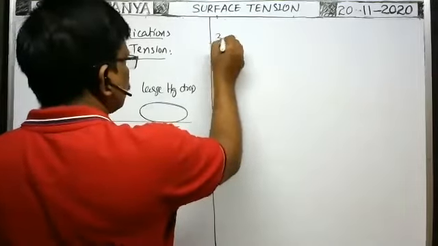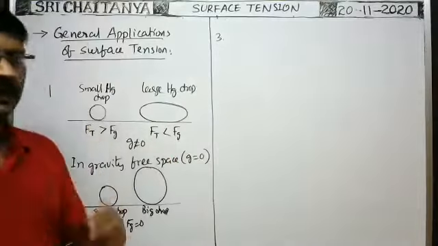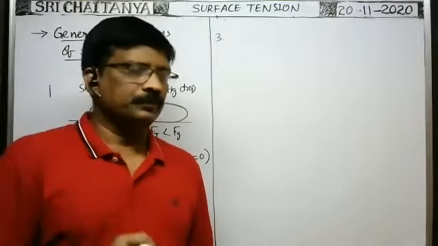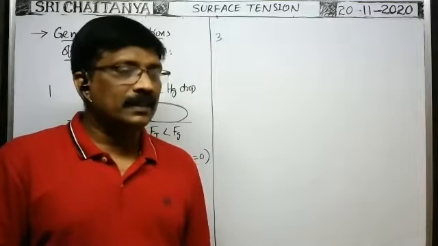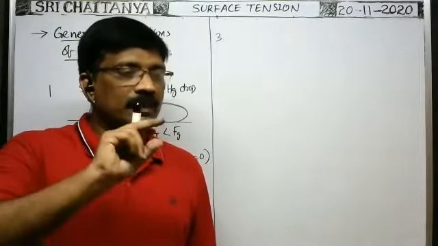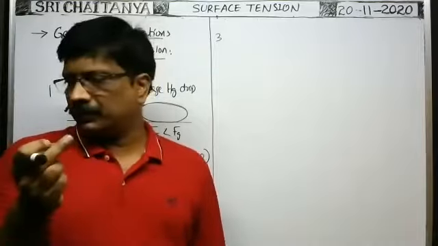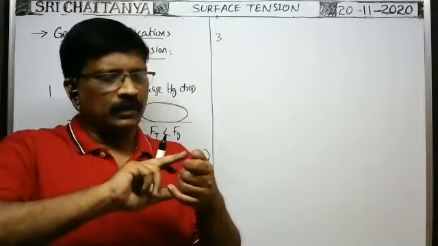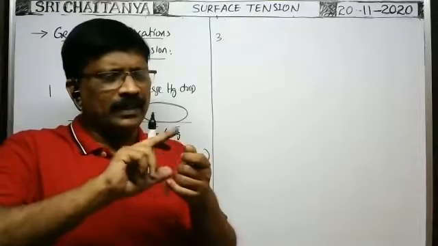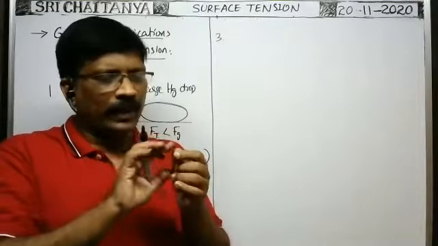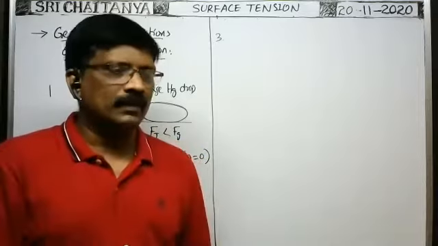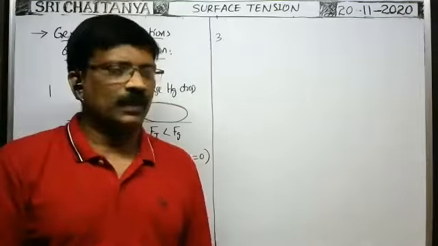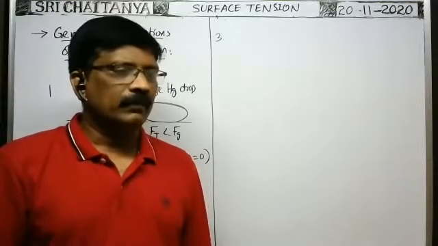Next, the third one. Suppose you take a greased needle. That means you attach grease over the surface of the needle or pin, and you keep that needle over the surface of the water or any liquid.